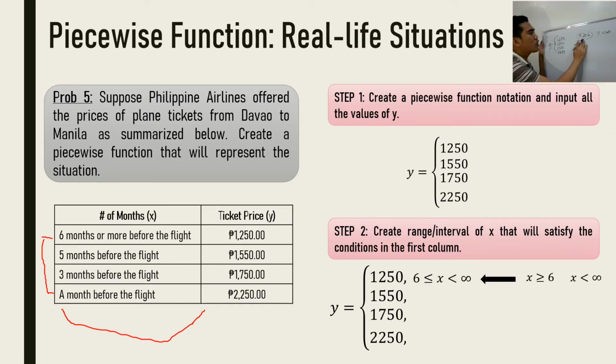If we illustrate this in infinity, we will start with 6 less than or equal to X. We flipped the earlier one, X greater than or equal to 6, so the number comes first. Then, less than positive infinity. That's how to illustrate this one.